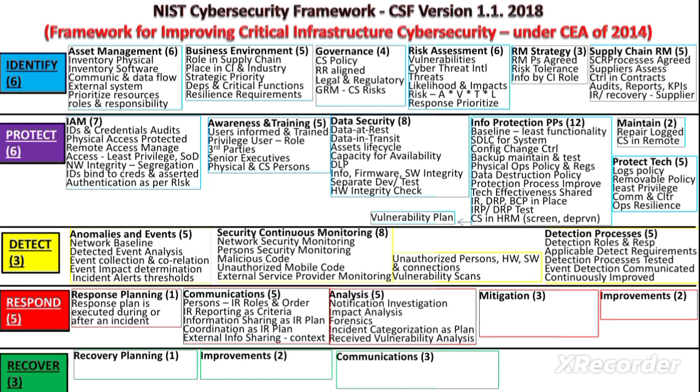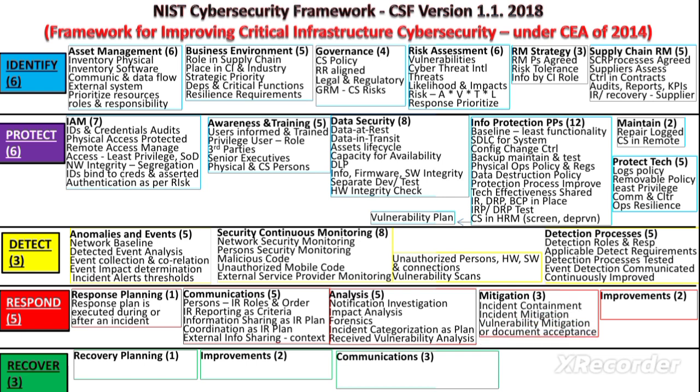Then in the analysis phase, you have to investigate the security notifications, and you have to perform the impact analysis, you have to carry out the forensics, and then you have to categorize the incident as per the incident response plan, so that a prioritized action can be done by incident response persons. Moreover, if any external or internal security teams are communicating to you about vulnerabilities related to your system, then you have to perform the analysis of these vulnerabilities.